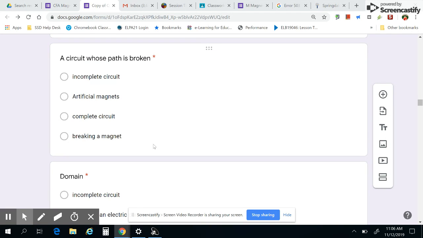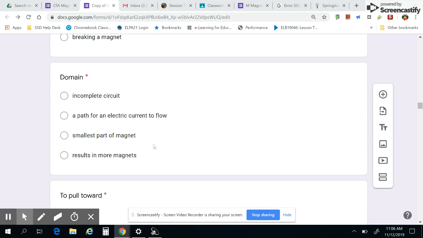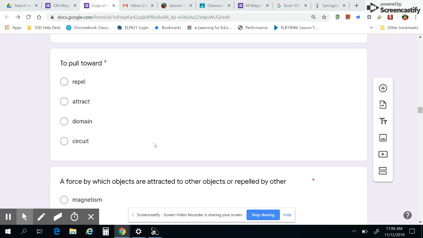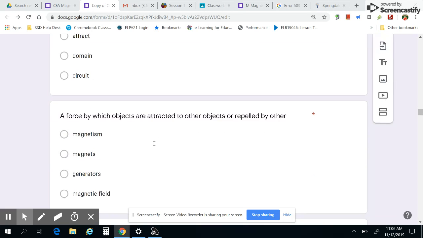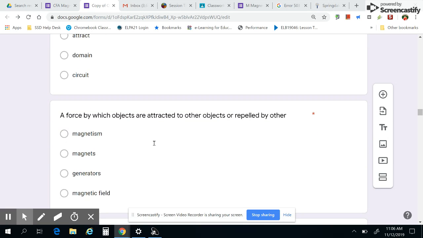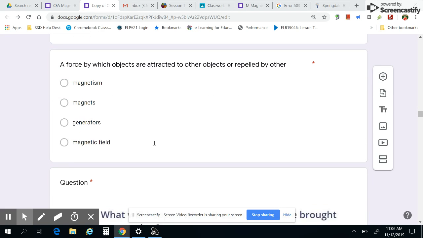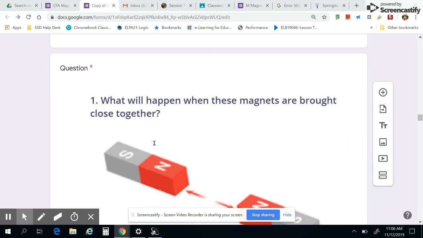Incomplete circuit, artificial magnets, complete circuit, breaking a magnet. Domain. Incomplete circuit, a path for an electric current to flow. Smallest part of a magnet results in more magnets. To pull forward. Repel, attract, domain, circuit. A force by which objects are attracted to other objects or repelled by others. Magnetism, magnets, generators, magnetic fields.